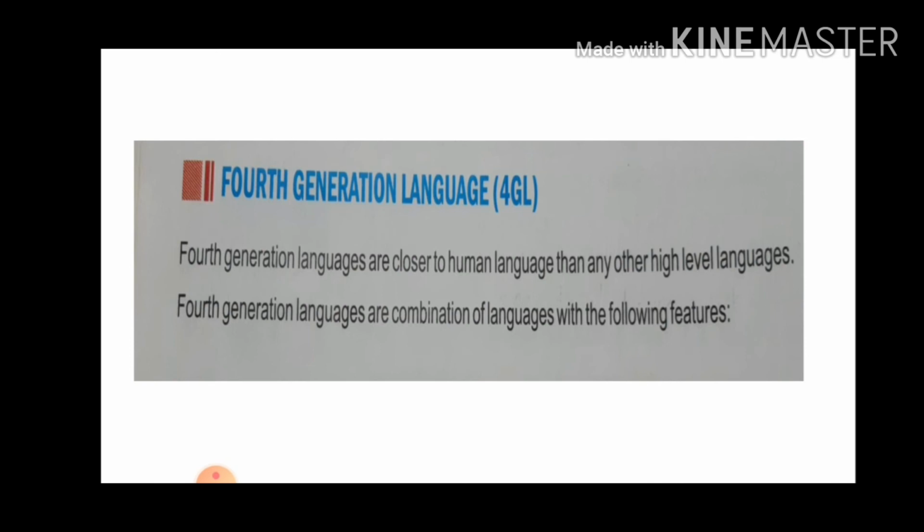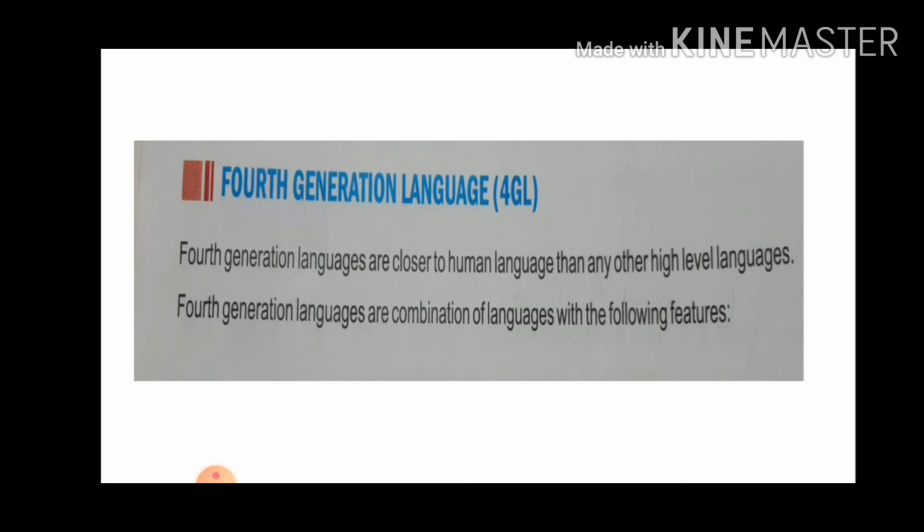They are designed to reduce the level of programming effort and require minimum effort from the user to obtain any information. They are also designed to reduce the overall time it takes to develop software, and the cost of software development.